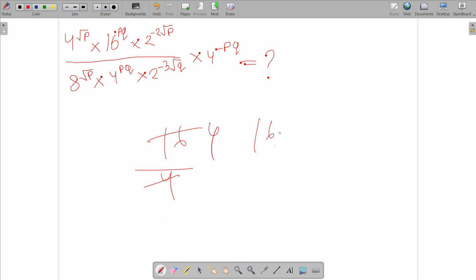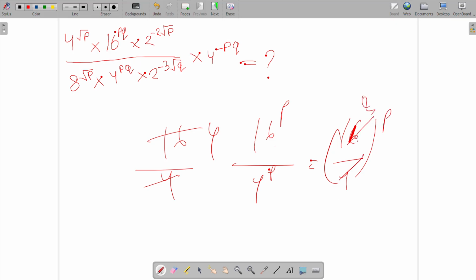If someone has 4 to the power p and it is also 4 to the power p, their powers are the same, so we can write it as 4 to the power something. We cross out the inner part and write the power as it is, the resultant value gets the power.